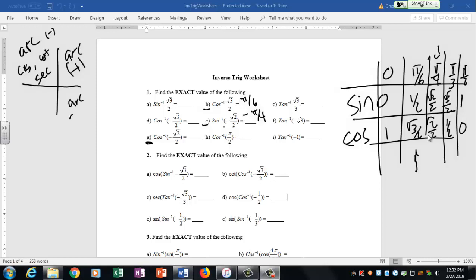All arc sine, tangent, and cosecant are negative in quadrant 4. Okay? So when I say when is cosine negative, I'm referring to the quadrant 2 angle. So the reference angle is pi over 4, but if we're going to put pi over 4 into quadrant 2, that becomes 3 pi over 4. Are we straight on that? Okay.